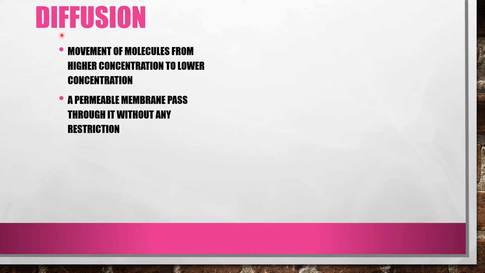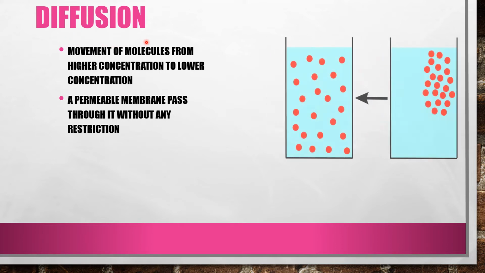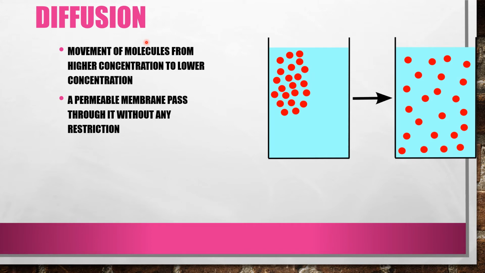The next one is diffusion. Why do we need this method of transportation? You may have this doubt. We need fluid transportation inside the cell, between cells, and outside the cell, based on diffusion, osmosis, filtration, and hydrostatic pressure.